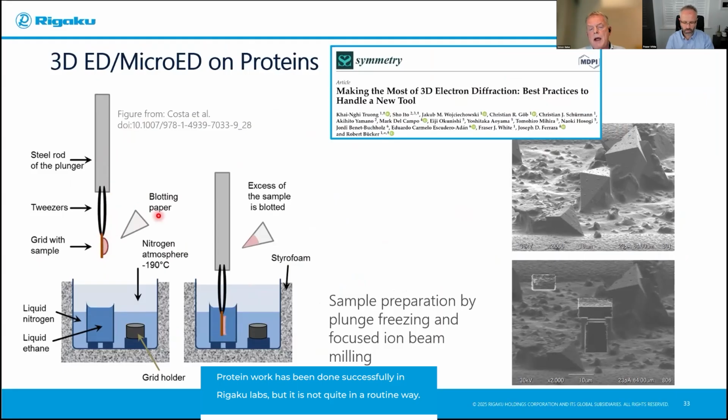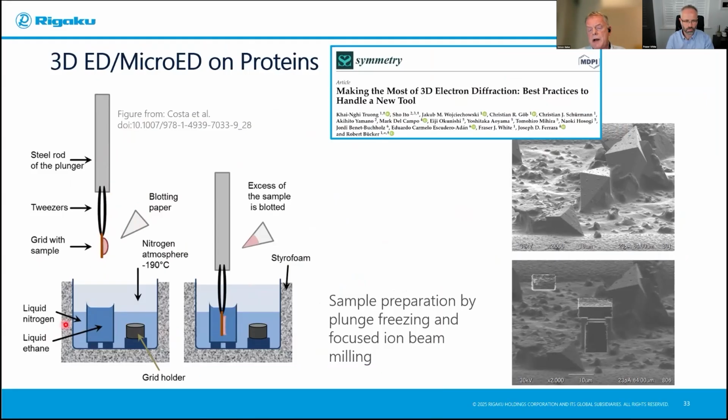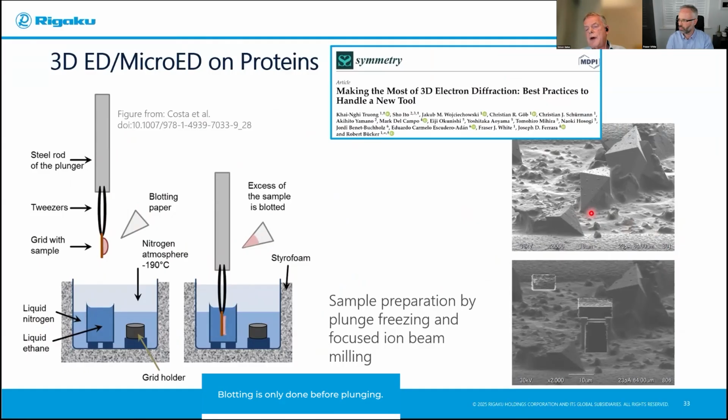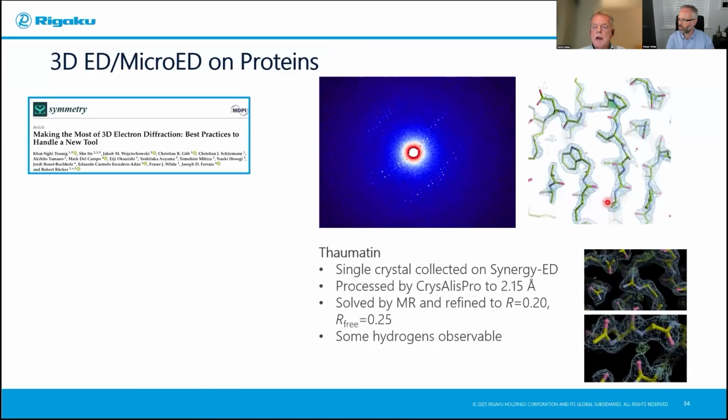They blot away any excess liquid, plunge freeze into liquid ethane, which sits inside a liquid nitrogen bath, pull it out, blot off any excess again, and then transfer it directly on the cryo stage into the electron diffraction system. And surprisingly to me, we are able to get protein structures on a pretty much routine basis and screen for ligands attaching to particular target sites.